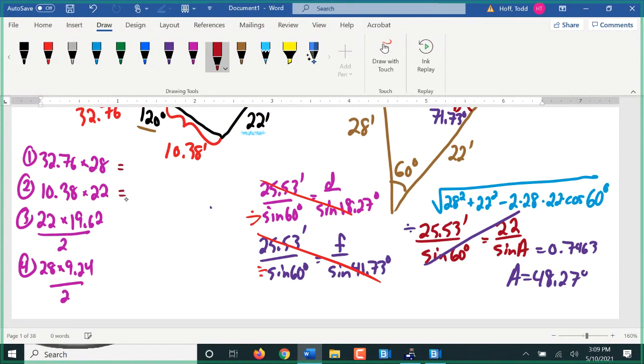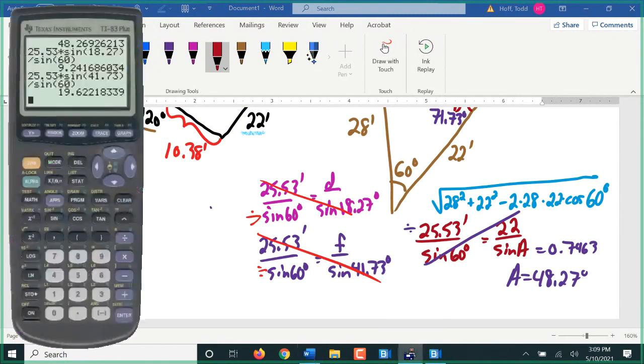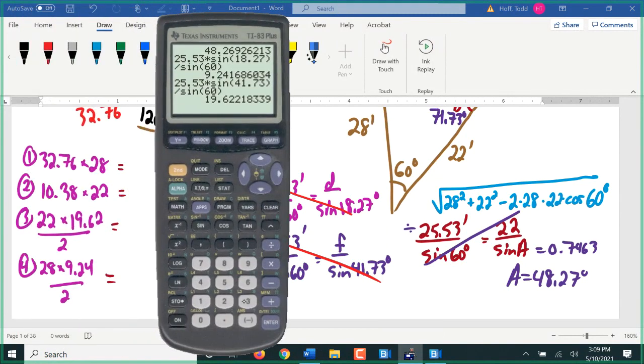So if we calculate those up and add them up, 76 times 28 plus 10.38 times 22 plus 22 times 19.62 divided by 2 plus 28 times 9.24 divided by 2.